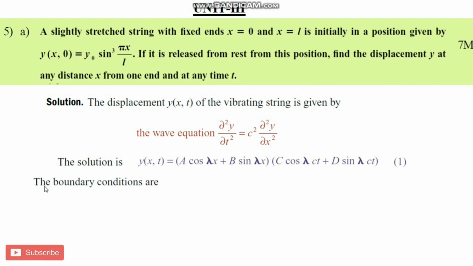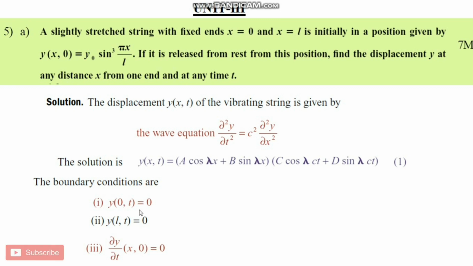The boundary conditions: y(0,t) is equal to 0. The string is fixed at the position x equal to 0. It is one boundary condition. At x equal to L, y(L,t) is equal to 0. These are boundary conditions obtained because both ends are fixed. Later, you can see the initial velocity is 0.